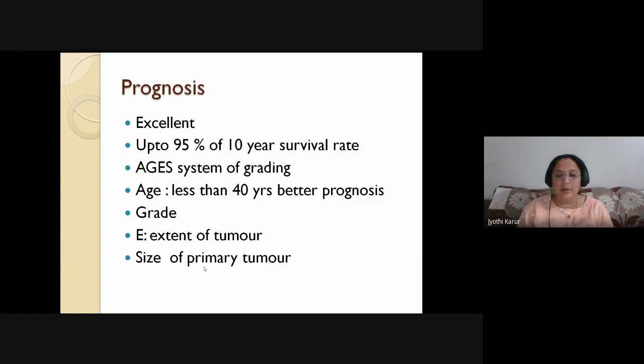Less than 4 centimeters tumors have very good prognosis. Less than 1 centimeter have excellent prognosis, even if they are multifocal, even if there are 10 to 15 foci in the thyroid gland. So age, grade, extent, and size of the tumor.